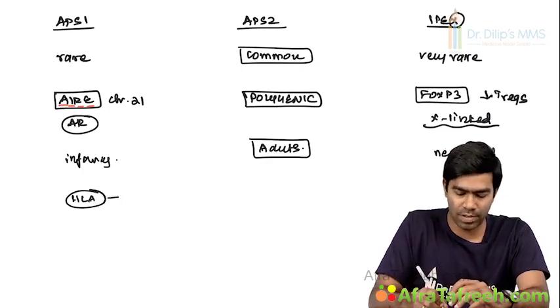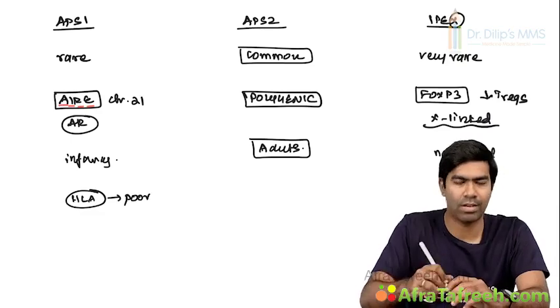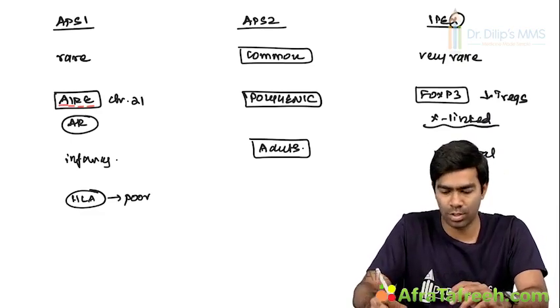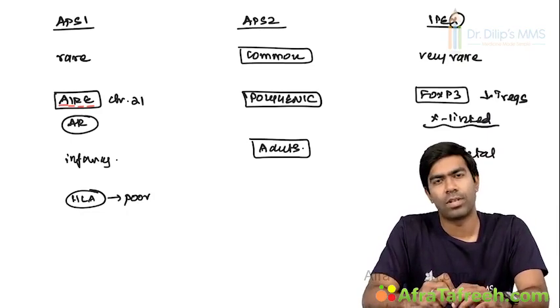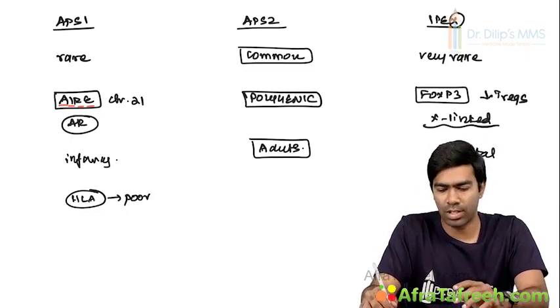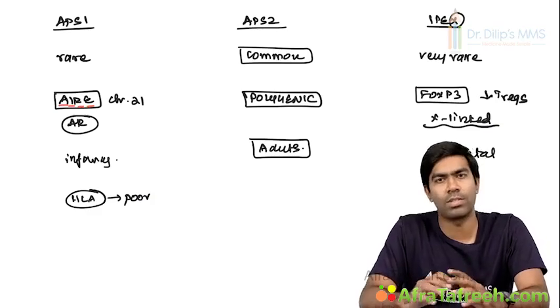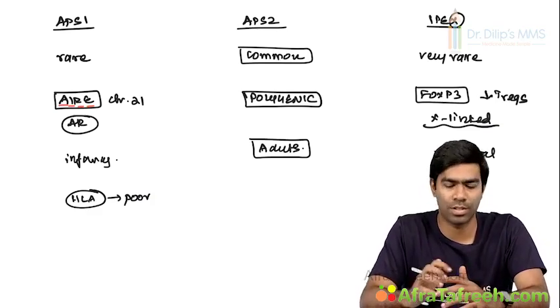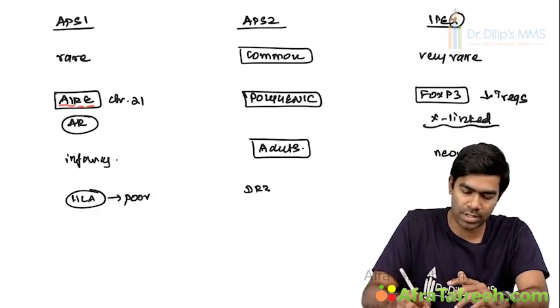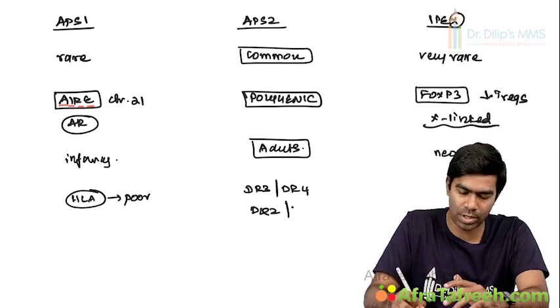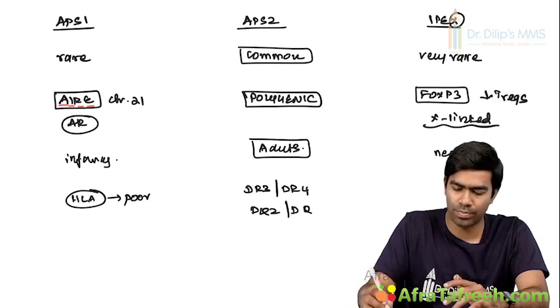HLA association is very, very poor. You do have it, but still very poor association. No association with IPEX. APS type 2, on the other hand, has a tremendous HLA association: they can be associated with HLA DR3, HLA DR4, HLA DQ8 and DQ2, and a lot of HLAs.